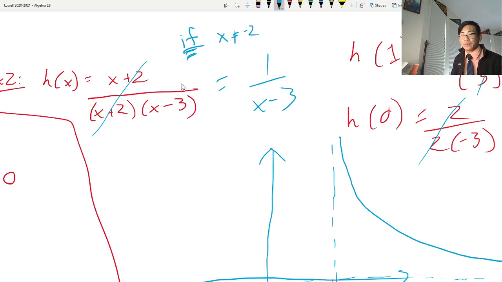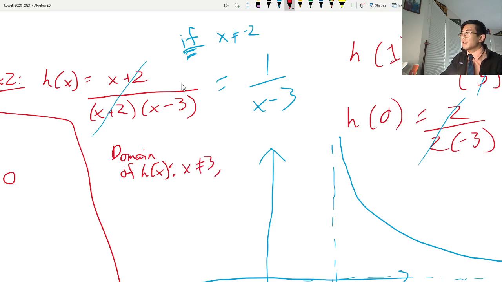Okay? So it turns out the domain of h of x is all real numbers except 3, because we can't plug in 3 because we'll divide by 0. x cannot equal 3. But also x can't equal negative 2, because we don't want that 0 over 0 either.